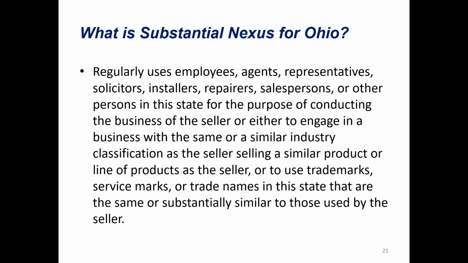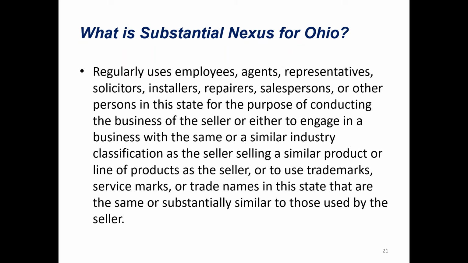The next prong is whether you regularly use an employee, an agent, a representative, a solicitor, an installer, a repair person, somebody acting in those capacities for conducting your business or moving your business forward.